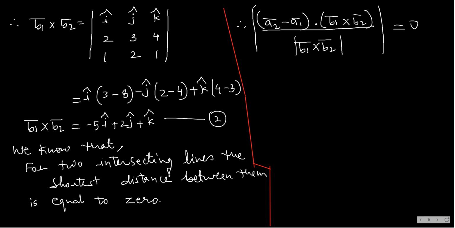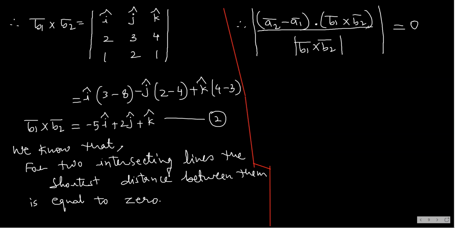And this would be 0 when the numerator is 0, which you could have written directly also, because we have already done this as a condition. But in case you don't remember, I'm doing it with the help of the formula itself.